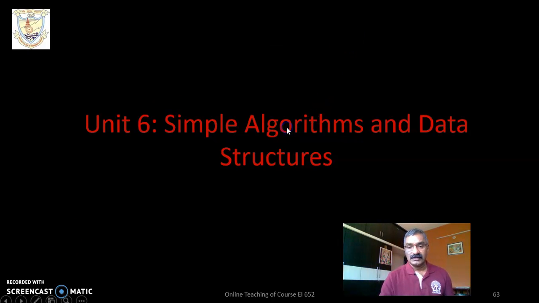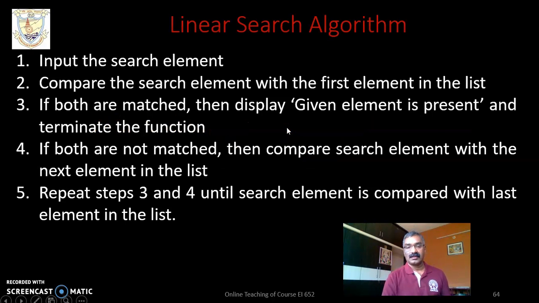First, I will discuss search algorithms. The first one is the linear search algorithm. A linear search algorithm is one where we have to find out whether a key is present.